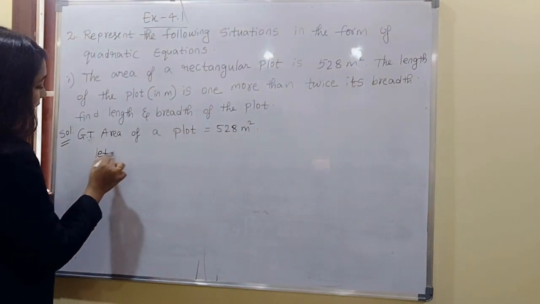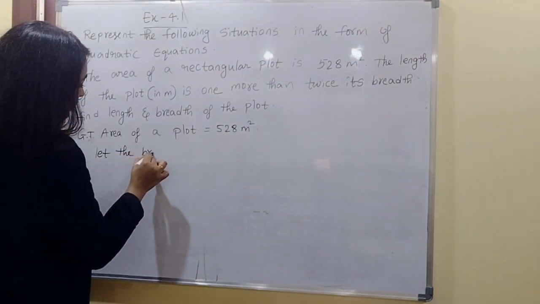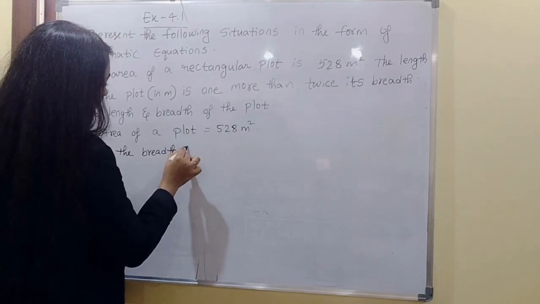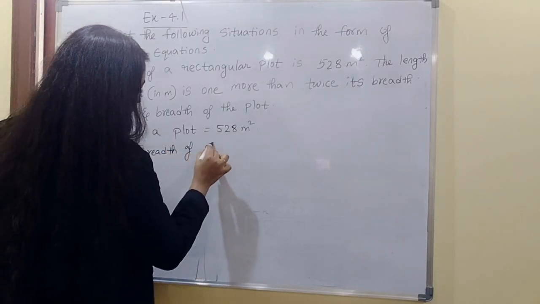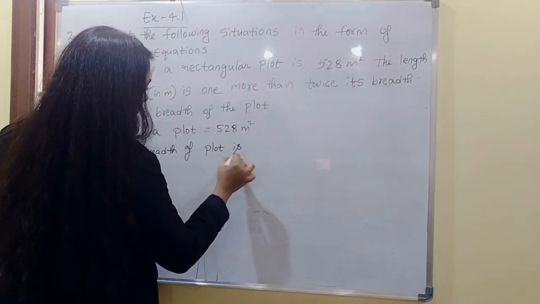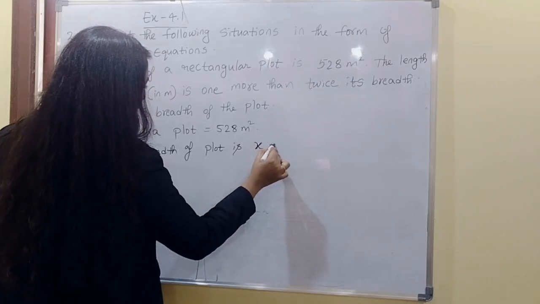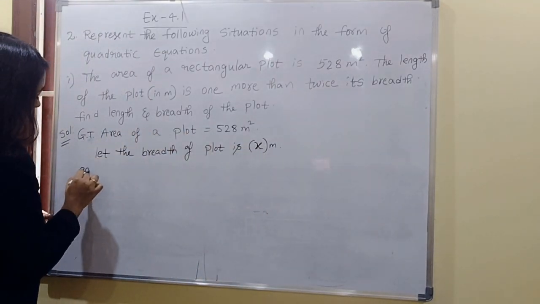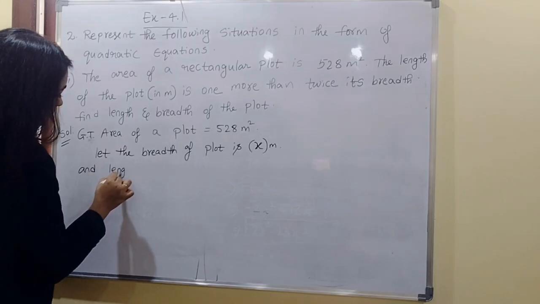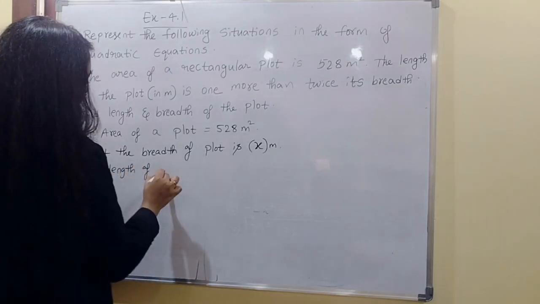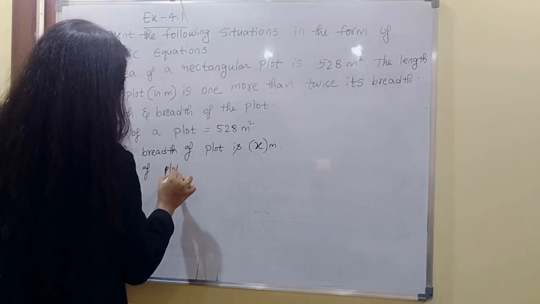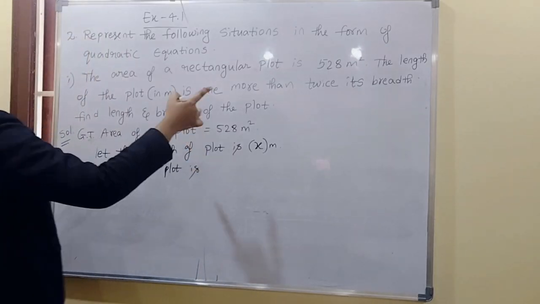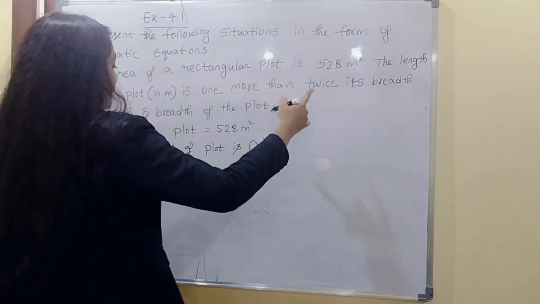Okay, so let the breadth of the rectangular plot be x meter, and the length of the plot is, what he said, length is 1 more than twice its breadth.